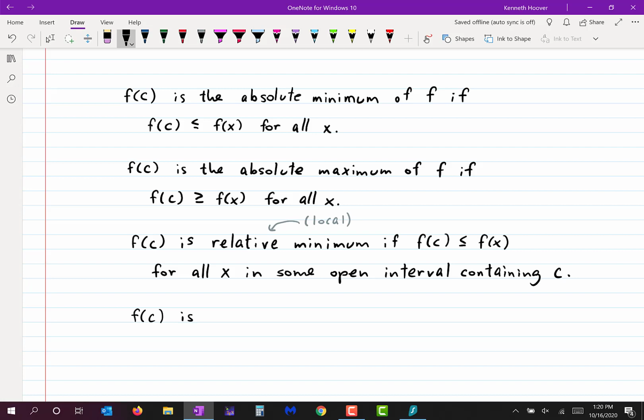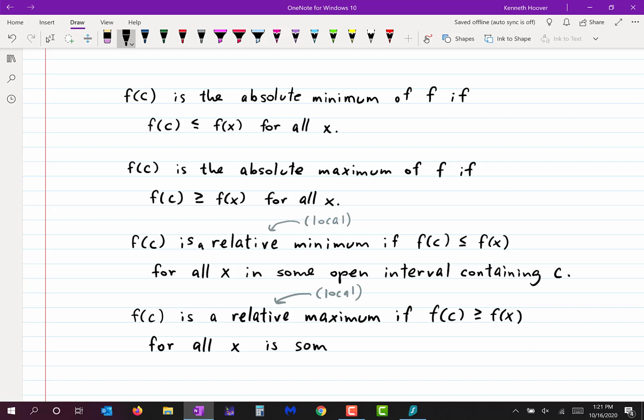F of c is a relative or local maximum if f of c is equal to or greater than f of x for all x in some open interval containing c.